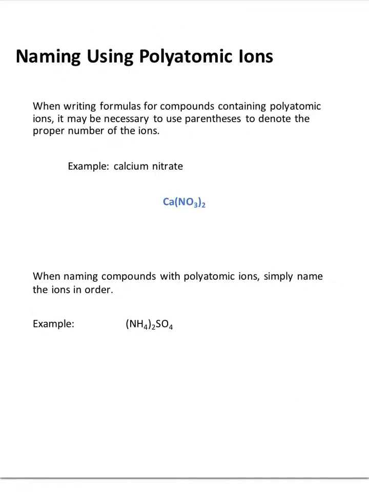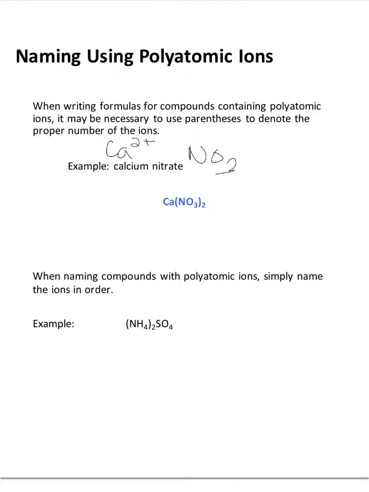If we're going to try to name compounds, or provide formulas for things that involve polyatomic ions, we have to be familiar with them. So if we come down here, we know that calcium is Ca, and we know that nitrate from that table is NO3. We also know that calcium, when it ionizes, takes on a +2 charge.